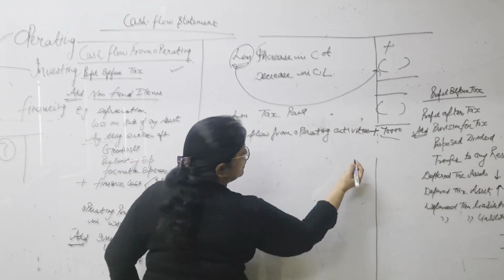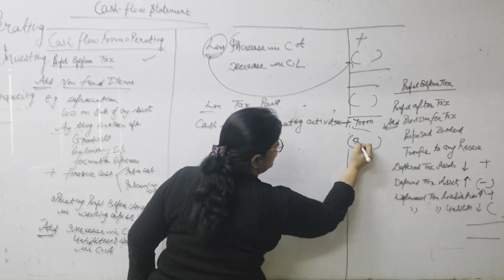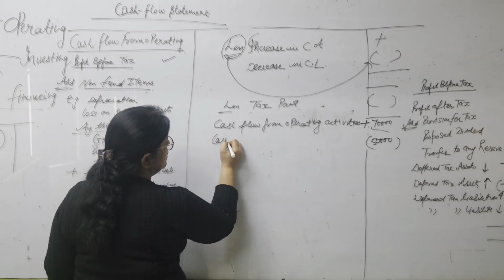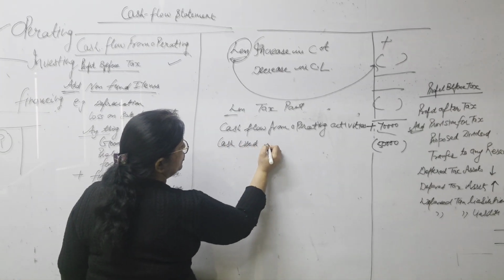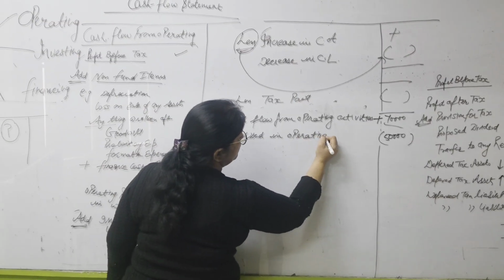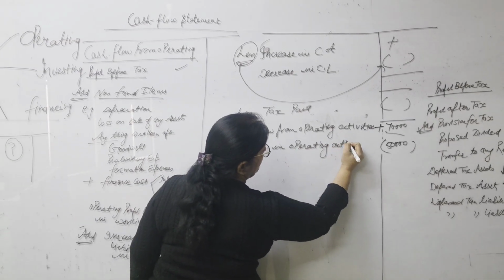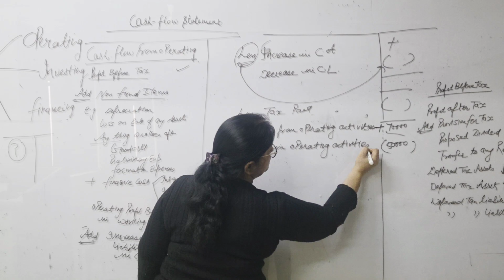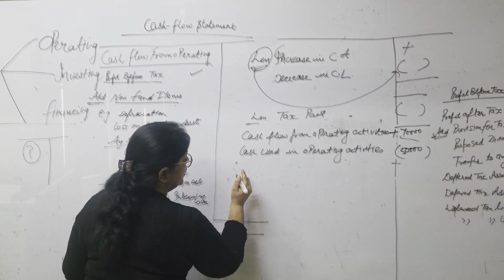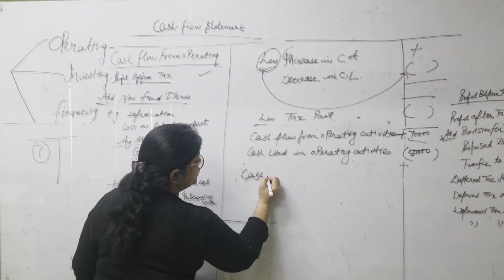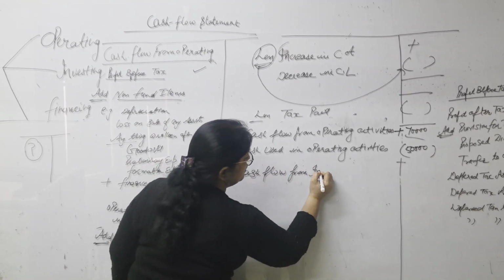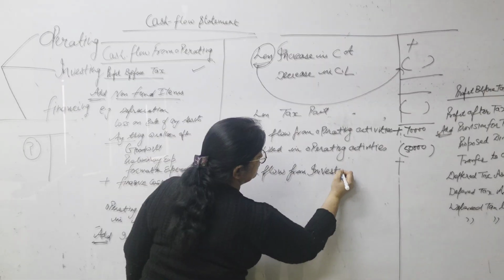If from this calculation you will get minus 50,000, then this is cash used in operating activities. Next item, cash flow from investing.